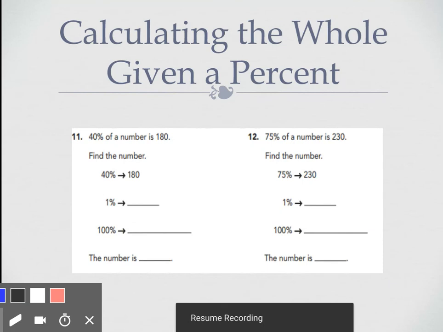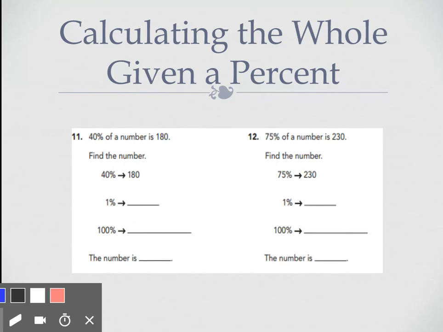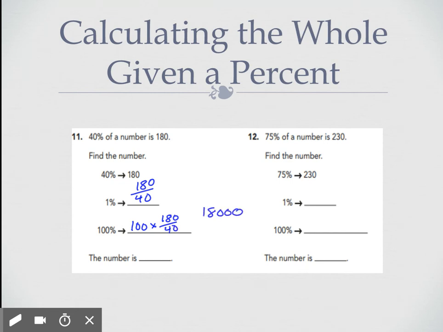All right, so 40% of 180. To figure out 1%, it's 180 over 40. So then we would do 100 times 180 over 40, which would be, again, 18,000 over 40.